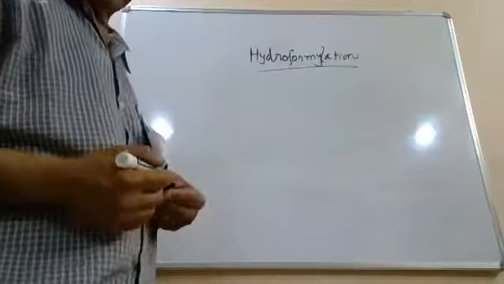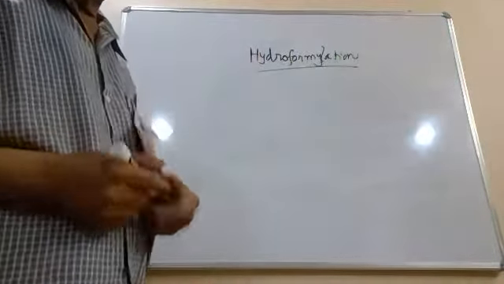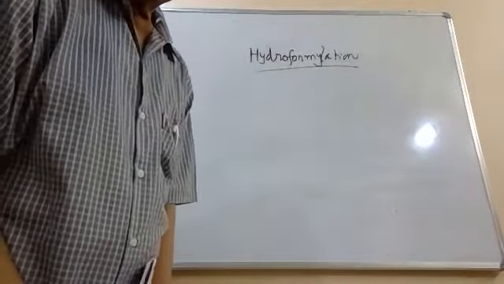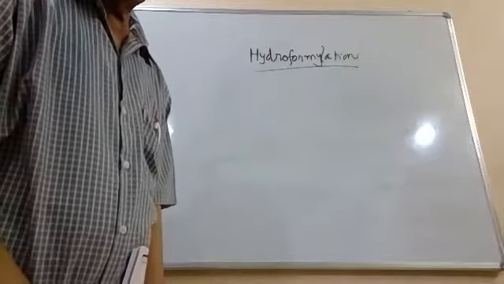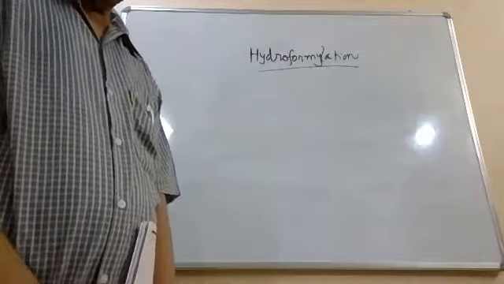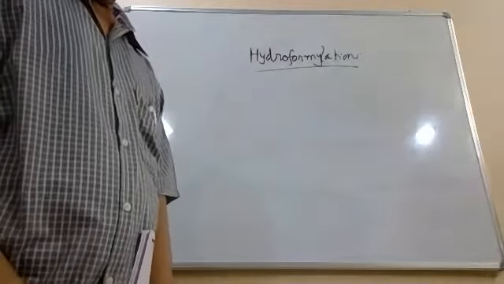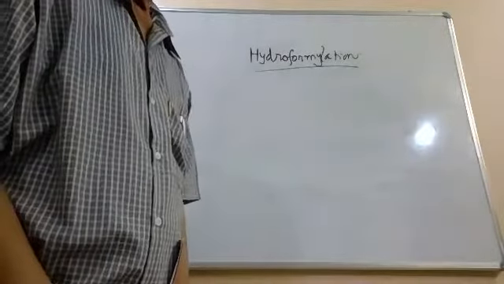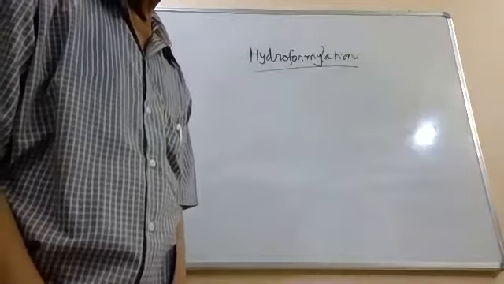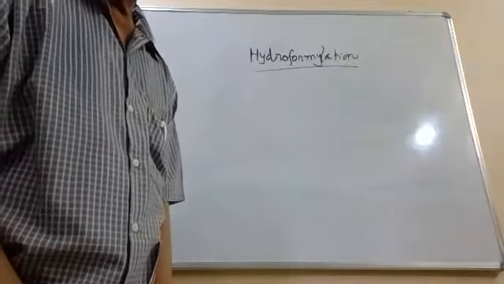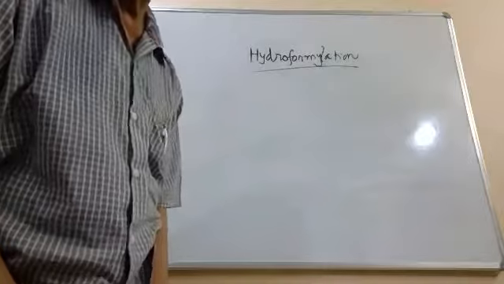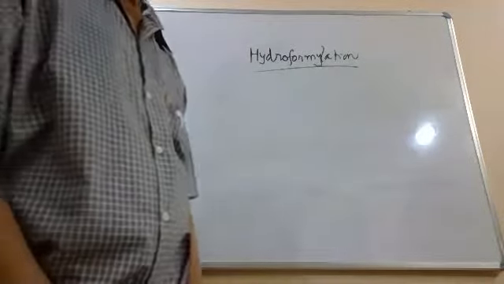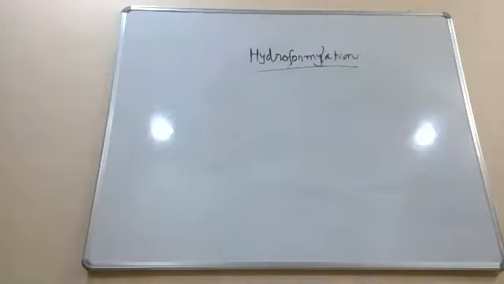Have you heard of this process from your organic classes? Hydroformylation is a very important organic process that is used in petrochemical industries, especially when you have unsaturated olefins and you want to make aldehydes from them. Does anyone remember this process? Hydroformylation.